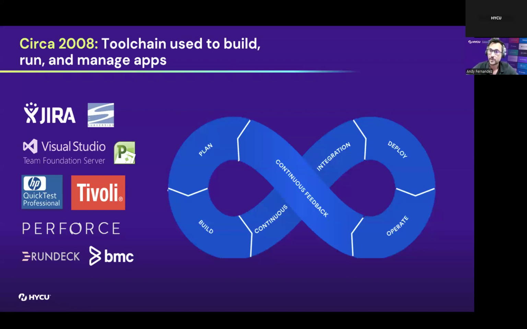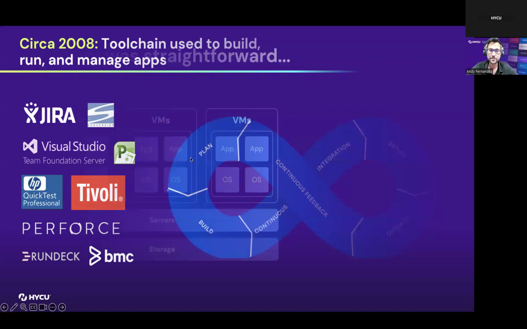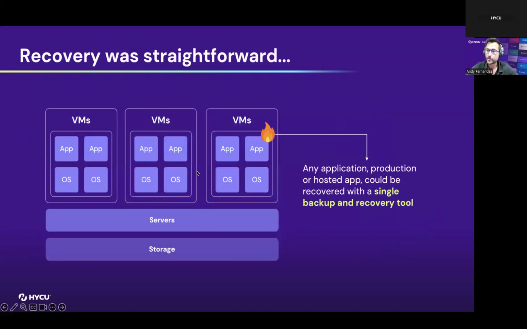So if someone made a mistake, if a repository was deleted, if hundreds of bugs were accidentally deleted, or service requests or any type of knowledge, if there was an outage, a corruption, or an attack, you could always rely on your IT organization to give you the ability to recover.